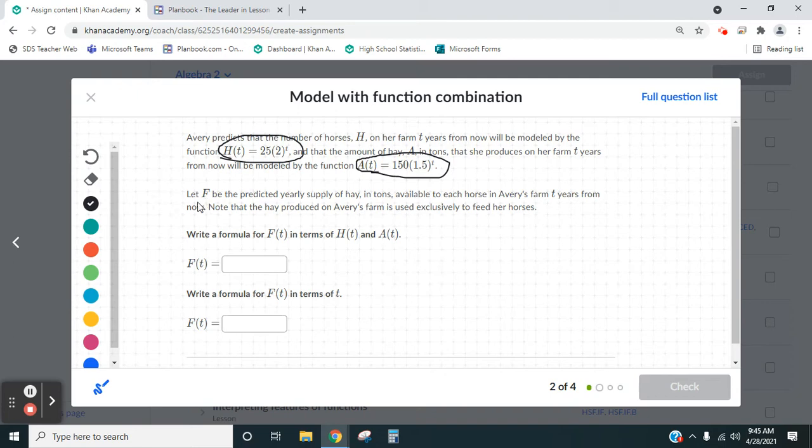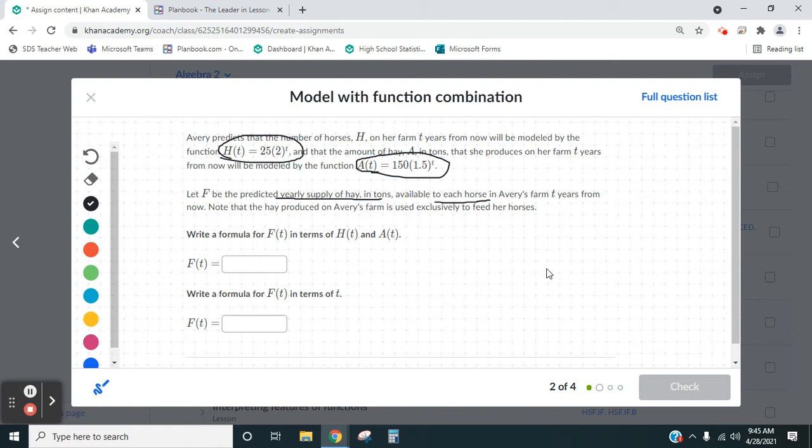All right, here we go. F. Now, F is the yearly supply of hay in tons. Yearly supply of hay in tons. Available to who? Each horse. Right? So if we want to figure out how much hay for each horse, are we adding, subtracting, multiplying, or dividing?